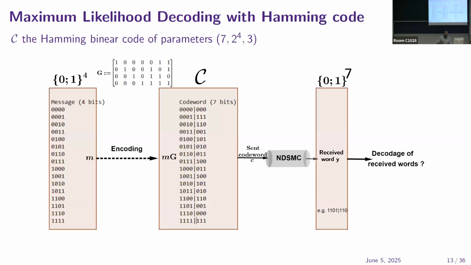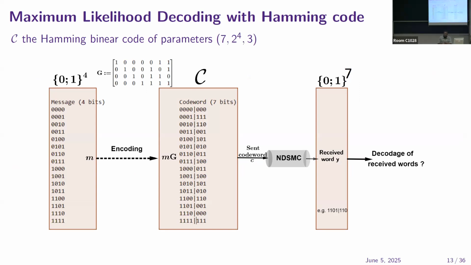We have this example. C is the Hamming code. C has 16 code words.